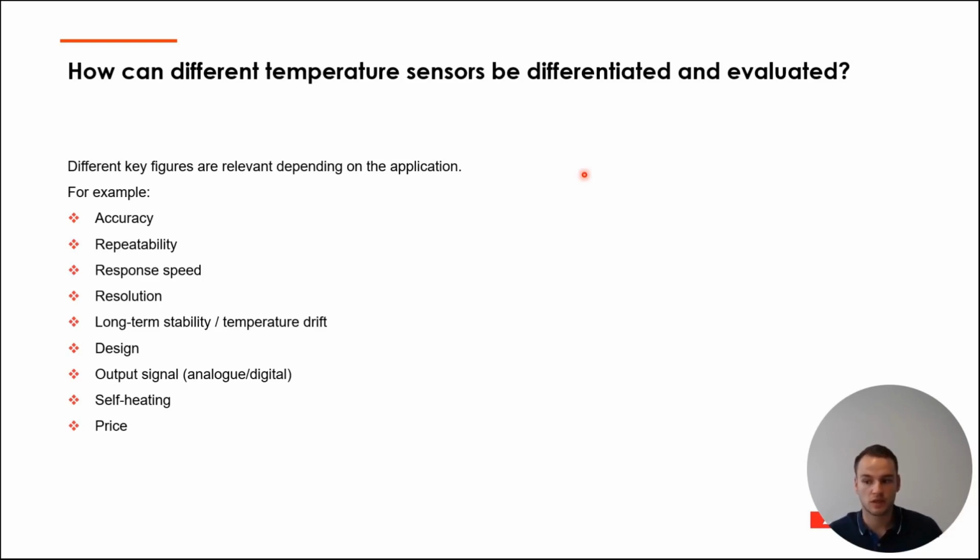The most common key features for temperature sensors are the accuracy, and the repeatability, which means that if the system is set once, then the same result should always come up. Then the response speed, which is relevant for very fast temperature changes, so that you can detect the change really fast. Then there's the resolution, the long-term stability and temperature drift, which could possibly save recalibration, and the value usually differs greatly.